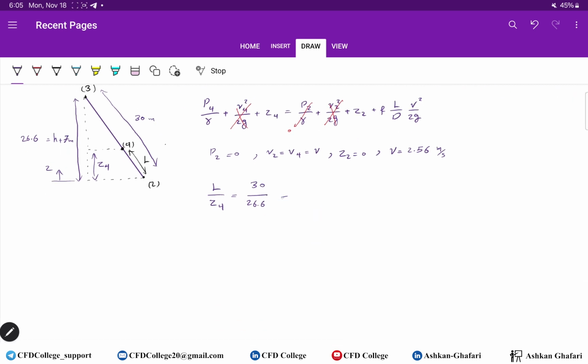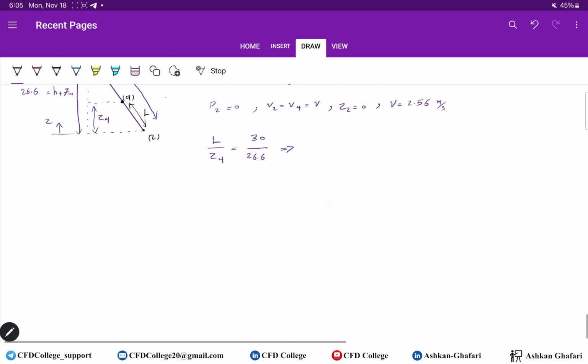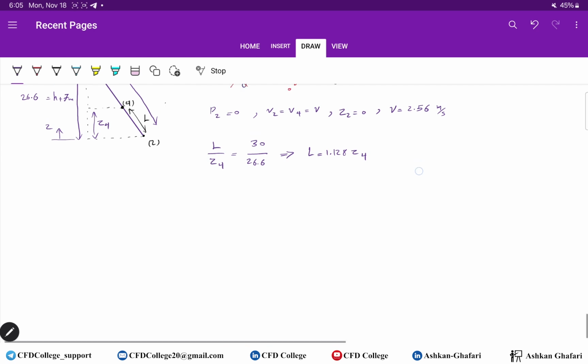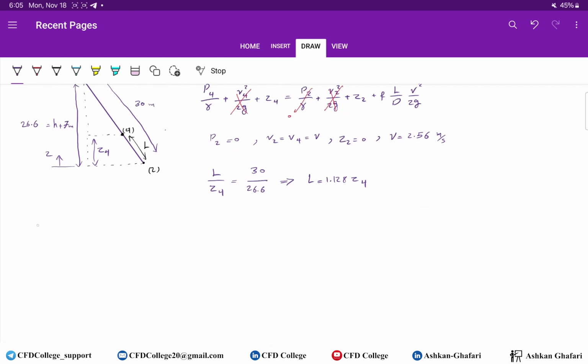So from this we can find Z4, or L, equals 1.128 Z4.